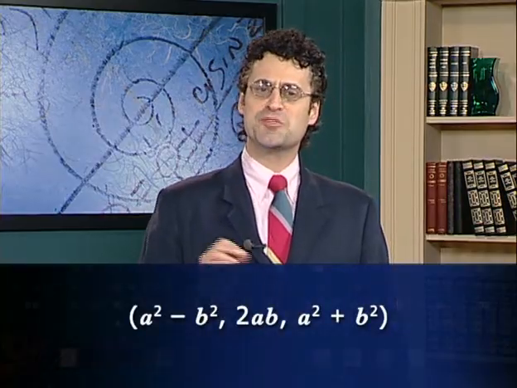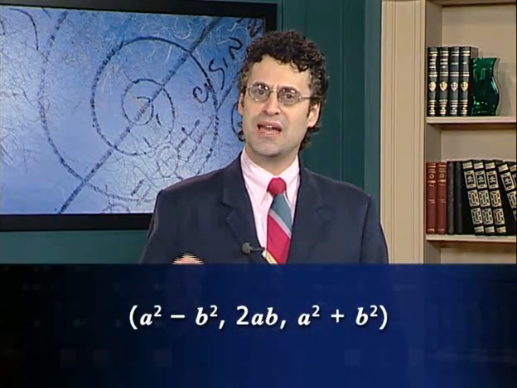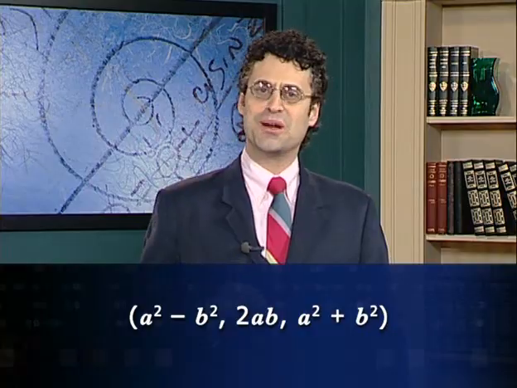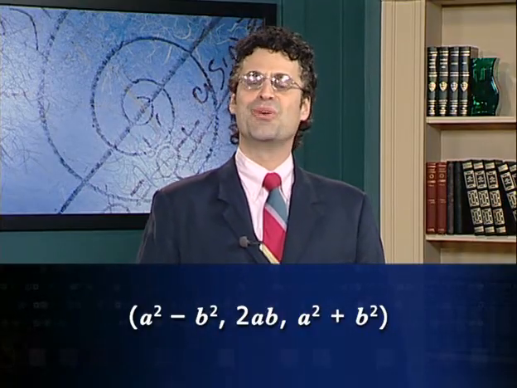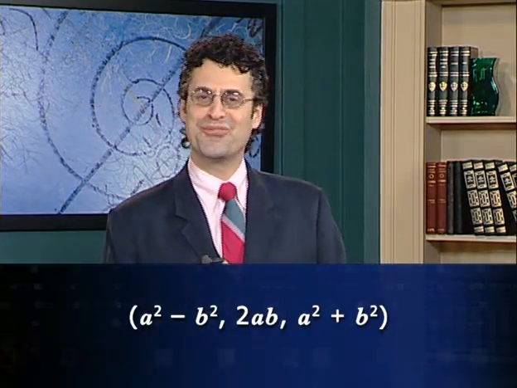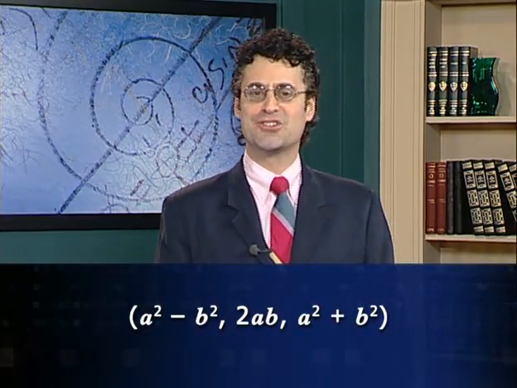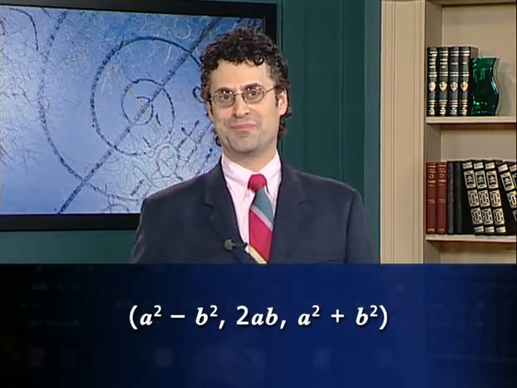That insight, together with the correspondence that we made earlier that connects rational points on circles to Pythagorean triples, implies that we have a Pythagorean triple. In this case, a squared minus b squared, 2ab, a squared plus b squared, which is exactly the formula we found in generating Pythagorean triples in the previous lecture.